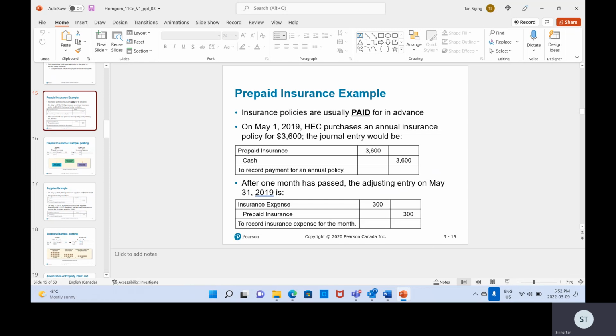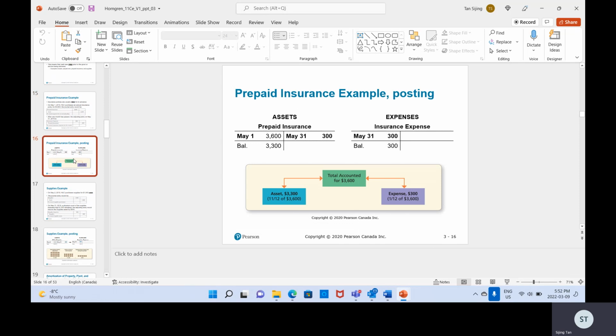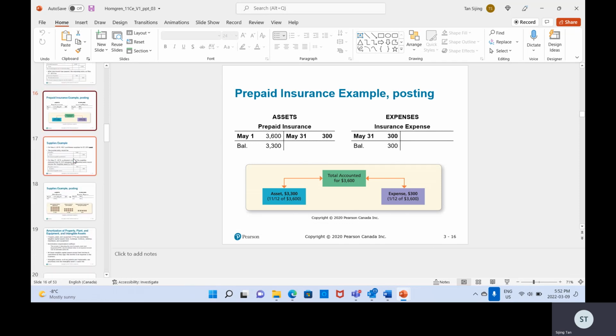We need to debit our insurance expenses, which is the expense that happened. And now we have to credit our prepaid insurance. Remember, prepaid insurance, prepaid expenses, we treat as assets. So prepaid insurance decreased.